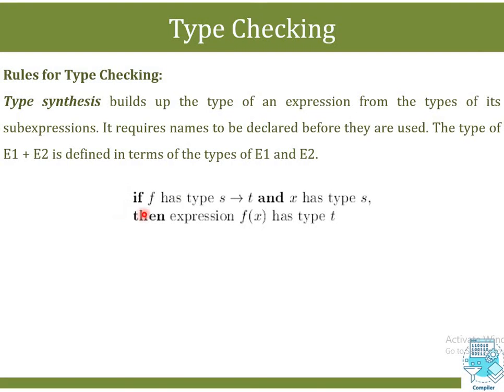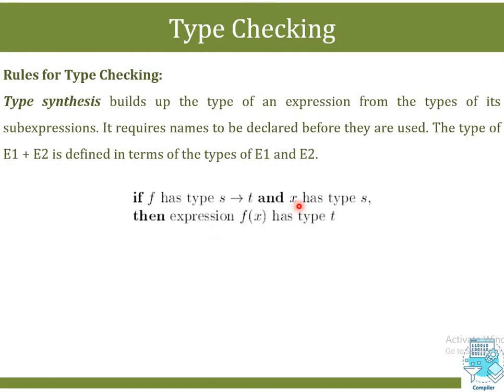Now just consider that you have a function for which you are giving the input of type S and the function is returning of type T. So S is a type of the input we are giving for the function f, and T is a type returned by the function f, and X has type S. Okay, you are just having one input called X and X type is S. If this is the case, then whenever you call f of x, obviously the return value will be of type T. That is what I said.